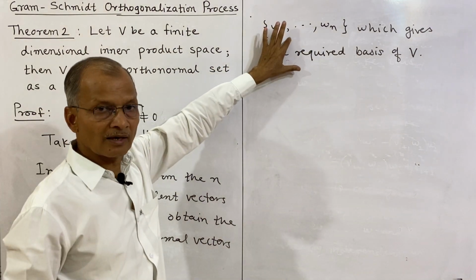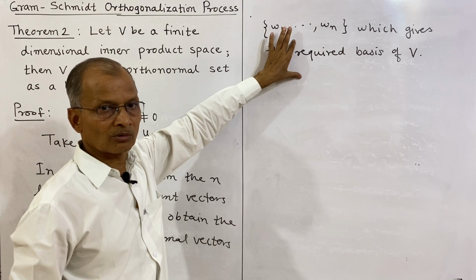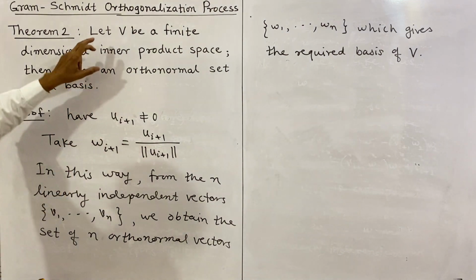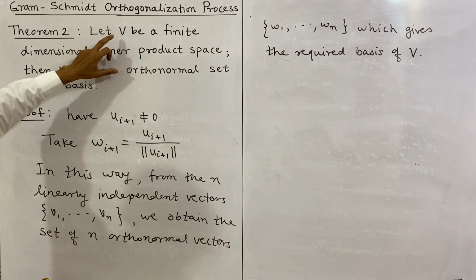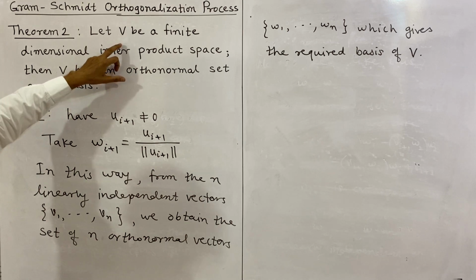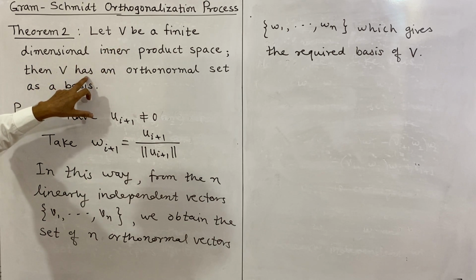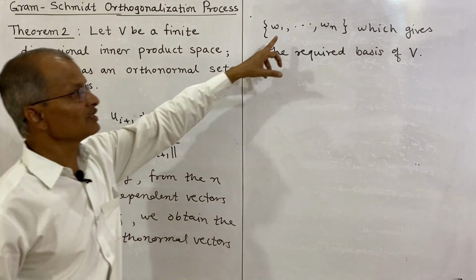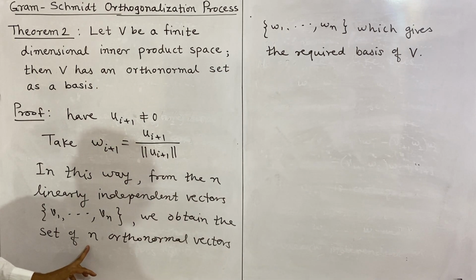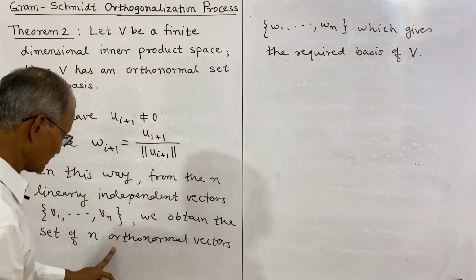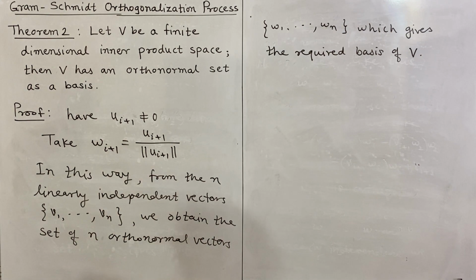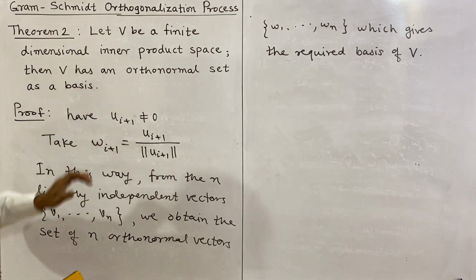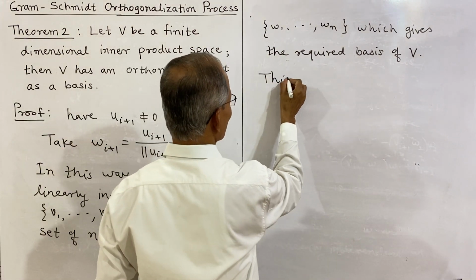So, these are linearly independent, and these are orthonormal, and also they span the whole vector space V. Therefore, given a finite-dimensional inner product space V, it has an orthonormal set as a basis, a set containing n orthonormal vectors, which forms a basis of V. So, this completes the proof of the theorem.